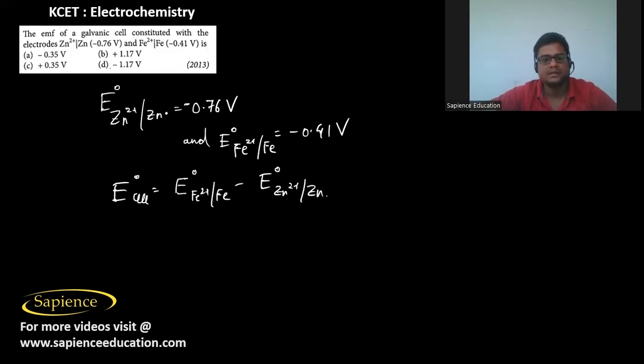Since here the reduction potential is higher, Fe2 plus will be reduced to Fe and Zn will be oxidized to Zn2 plus.